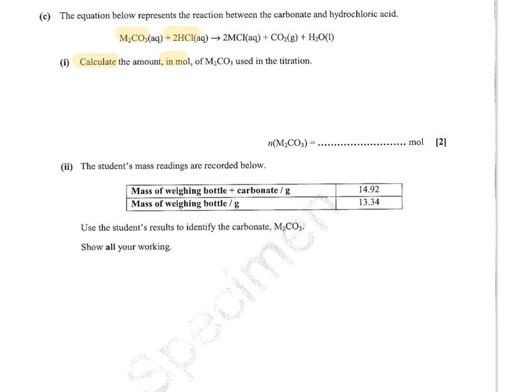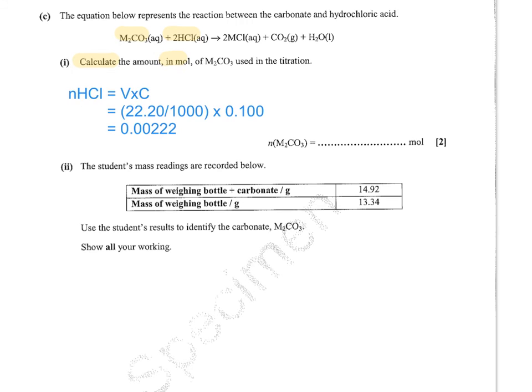But what we're trying to do is actually work out the identity of the carbonate. So to do that we have to go via Mr. To work out the Mr we need to get the moles. Then we can use the moles and the mass from the beginning of the experiment. Okay? So first part, calculate the amount in moles of M2CO3 used in the titration.